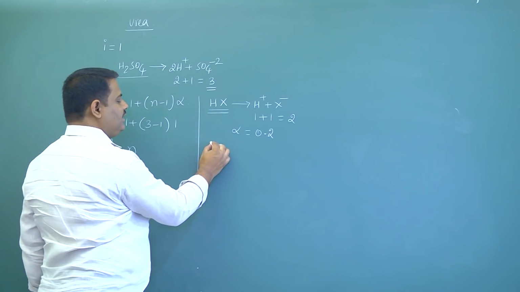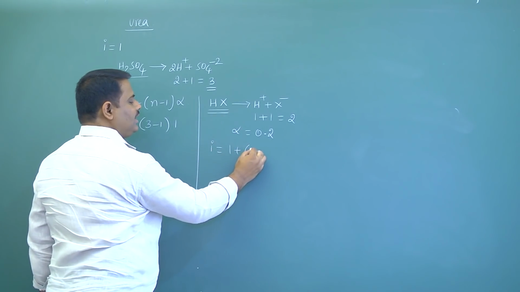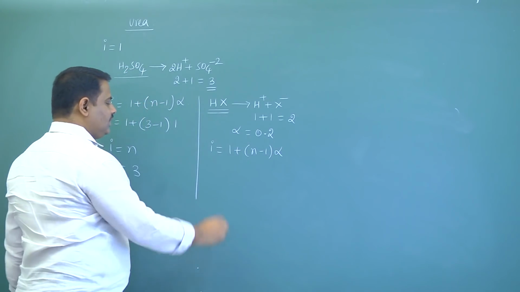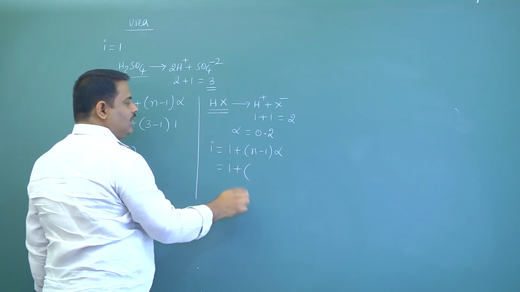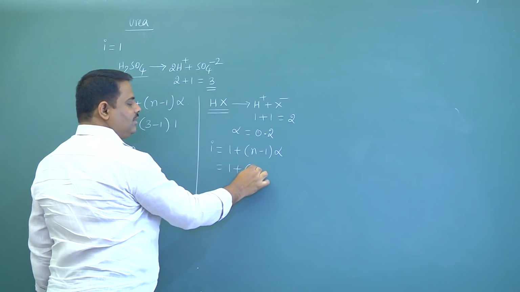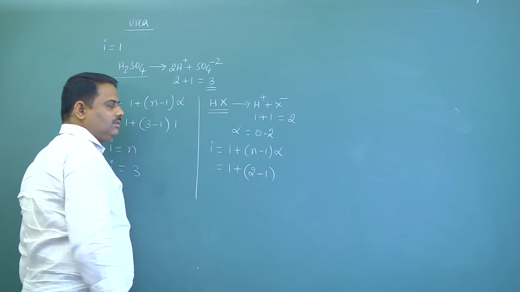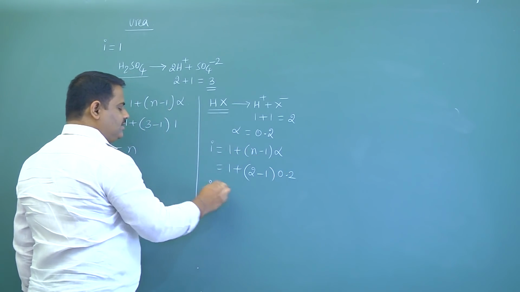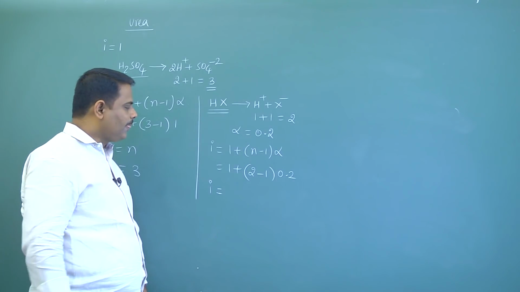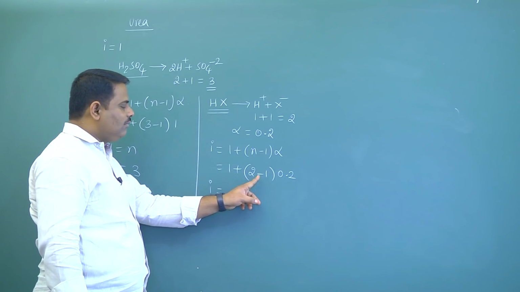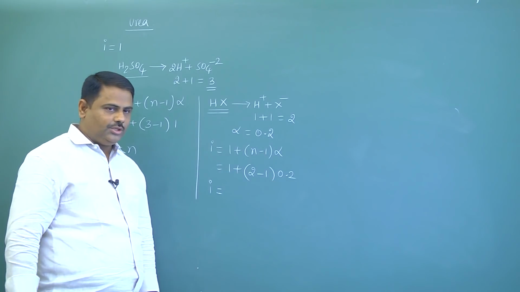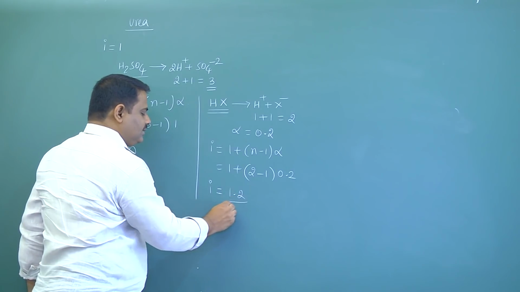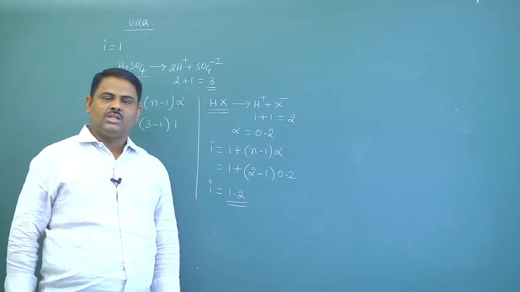Then what is I here? I is equal to 1 plus n minus 1 into alpha, that is 1 plus 2 minus 1 into 0.2. Finally, 1 into 0.2 is 0.2, plus 1, so 1.2 is the I value.